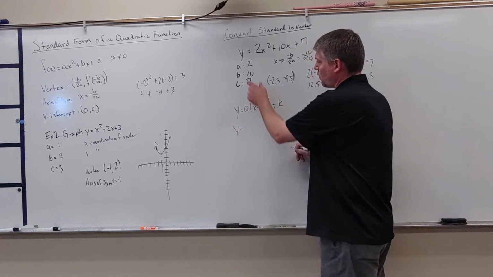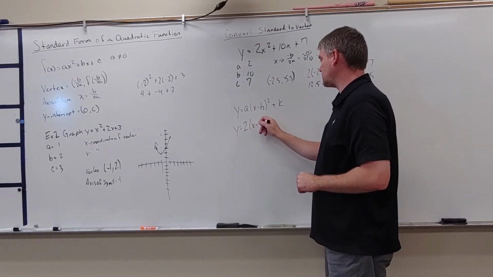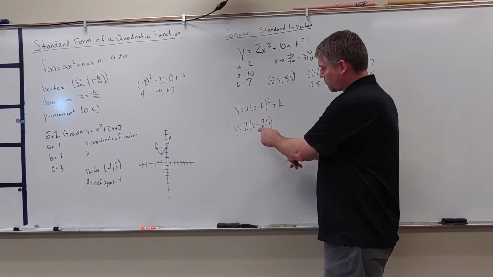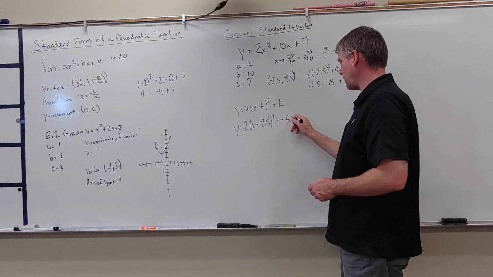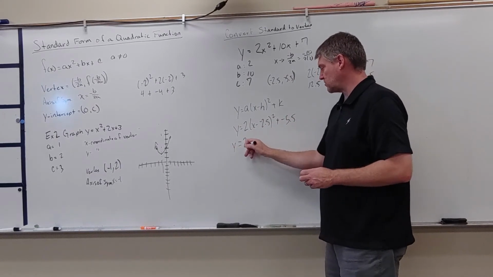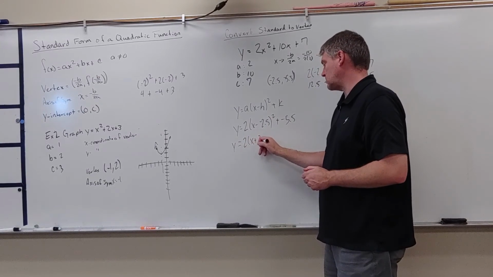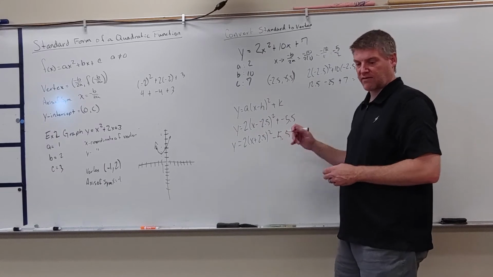So y equals, well, I know a. A is 2. x minus negative 2.5 quantity squared plus negative 5.5. Now I'm going to simplify these down. So I get 2 times x plus 2.5 quantity squared minus 5.5.